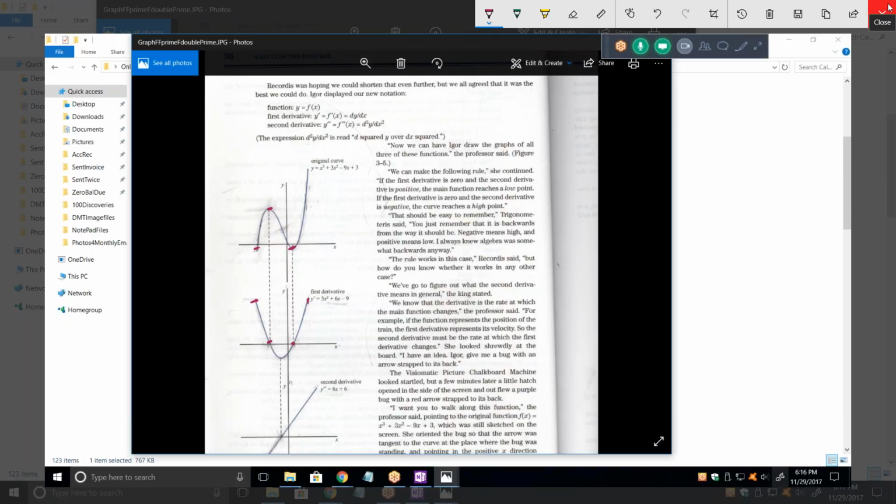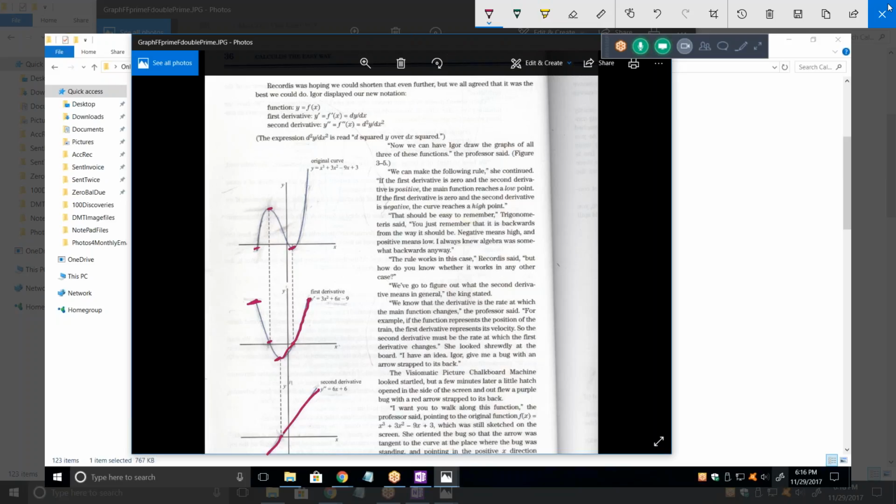Now, let's look at the second derivative, which is merely the first derivative of the first derivative, right? So if I look at the first derivative, where the first derivative is decreasing, my second derivative has to be negative, and it is. Where the first derivative turns and starts increasing again, my second derivative has to be positive, where it is.